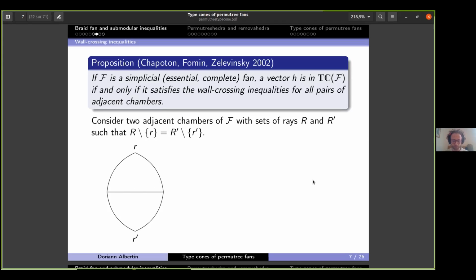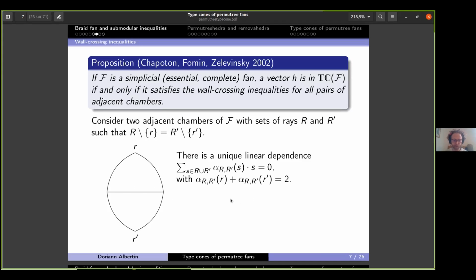So by a dimension argument, there is a unique linear dependence among all these rays up to scaling. And the wall crossing inequality associated to this pair of adjacent chambers is just: take this dependence and replace the rays with the height you want to take along these rays, and ask for this to be strictly positive.